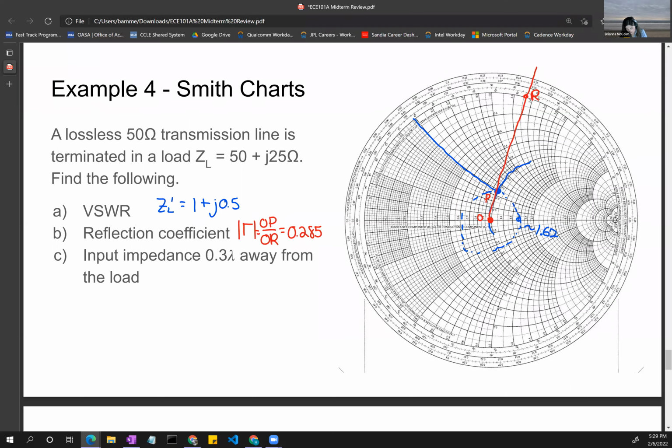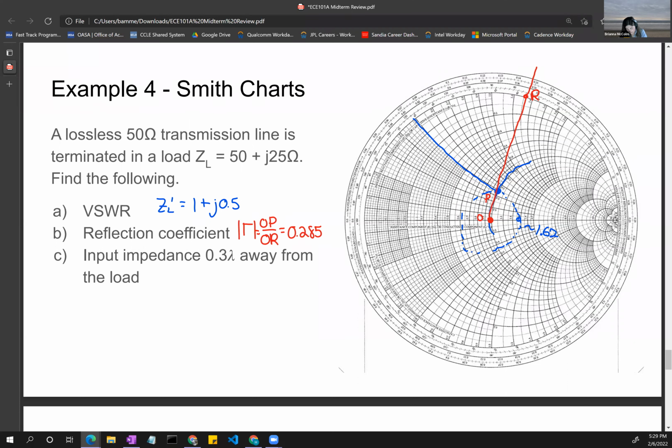That means we found our reflection coefficient because we have a magnitude and an angle. You can just write that in whatever form, rectangular form or polar form.